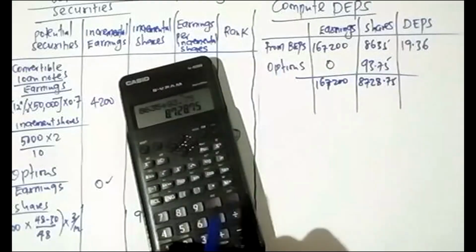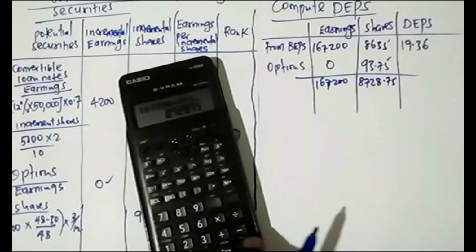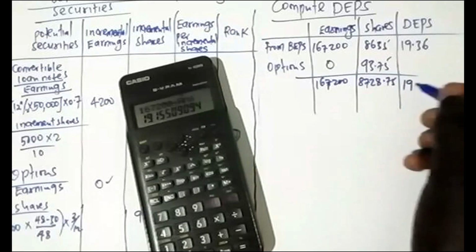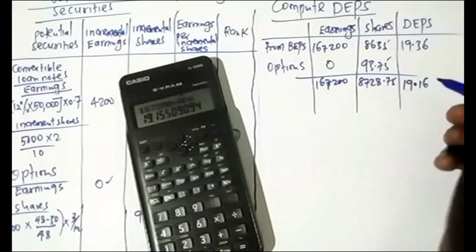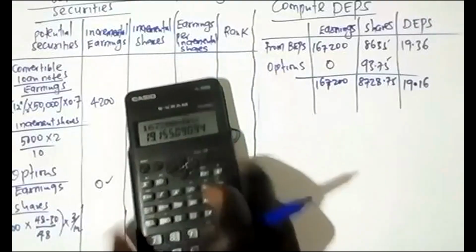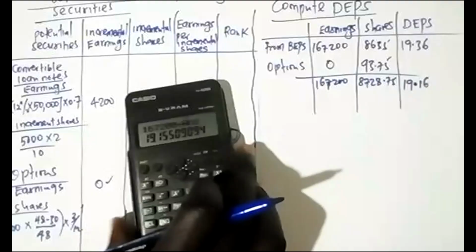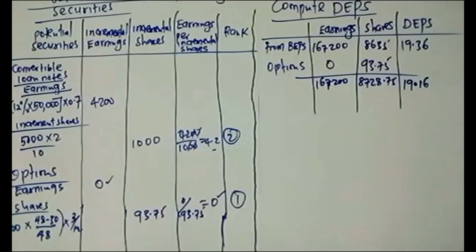So if I divide 167,200 by the answer, that is 19.16. Yes, 19.16, because it's 167,200 divided by 87.28.75. Yes, that is fine.